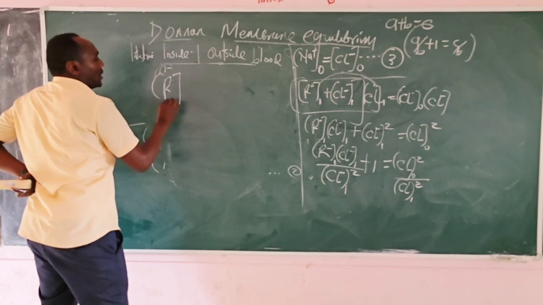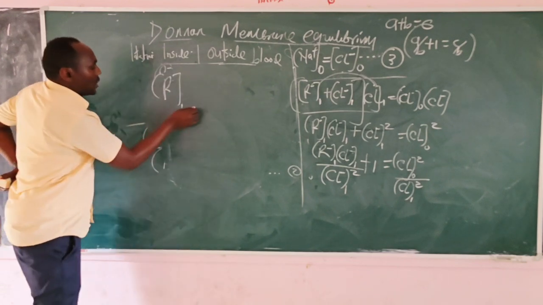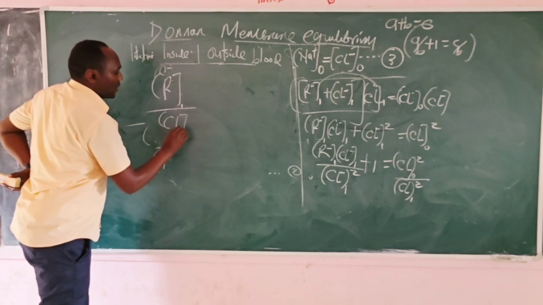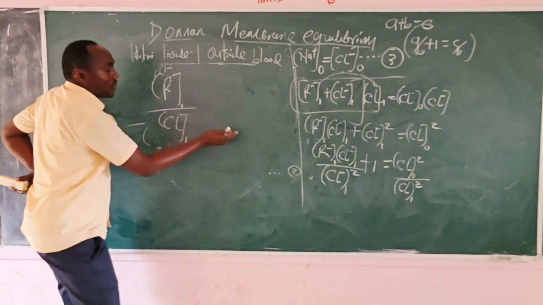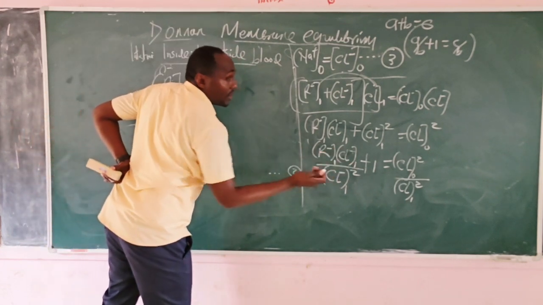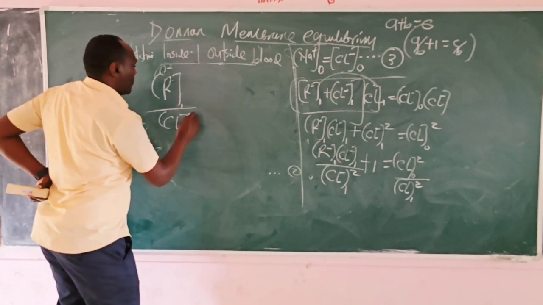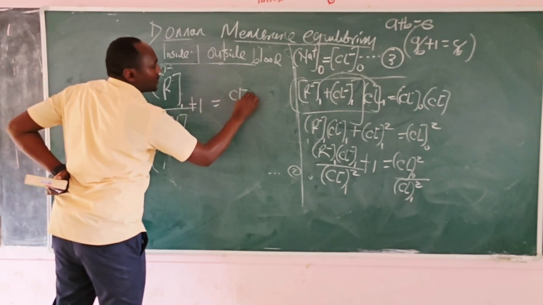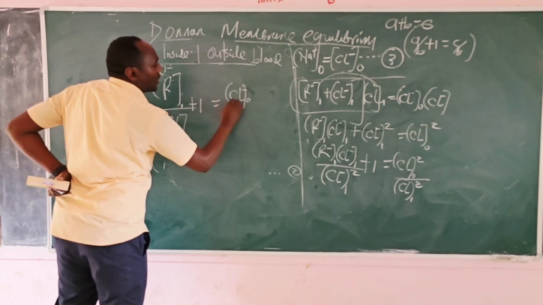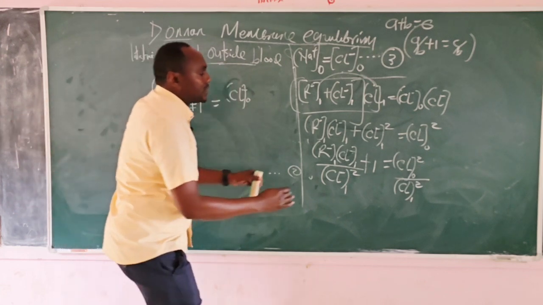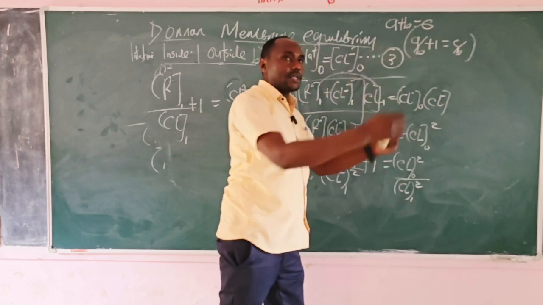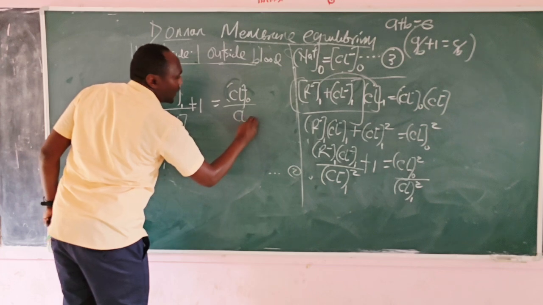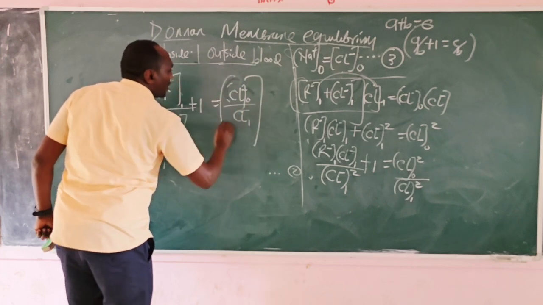R inside divided by this chloride inside, because already we have cancelled this one, we remain with one chloride, plus 1 is equal to this chloride outside. So we can just square it. That chloride over this chloride inside, then we square it.